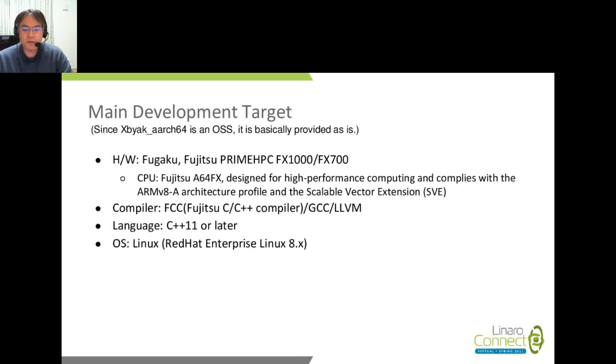These systems use Fujitsu A64FX CPU, which is designed for high-performance computing and complies with the Armv8 architecture profile and the scalable vector extension. Since Xbyak is written in standard C++, we can use various C++ compilers, such as Fujitsu C++ compiler, GCC, and LLVM.